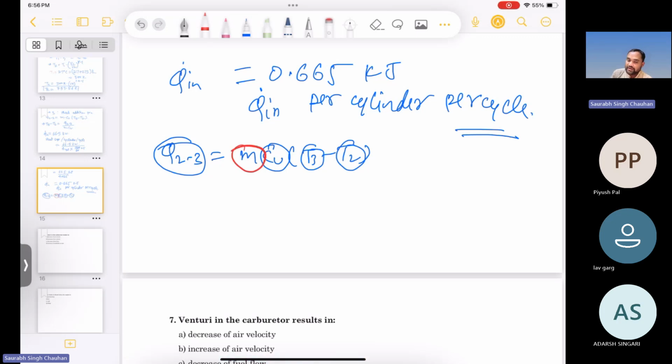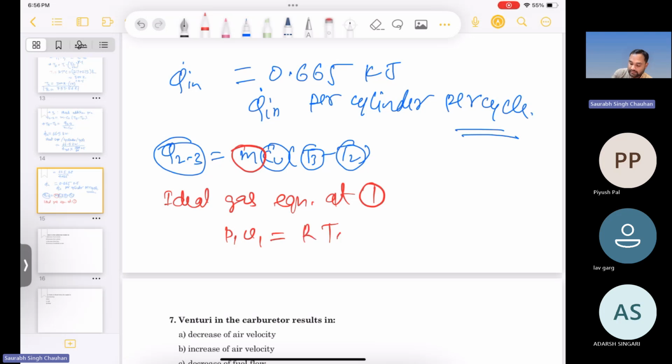To find m, you can use the ideal gas equation. Let us apply the ideal gas equation at point 1. So it will be P1 V1 is equal to mRT1.